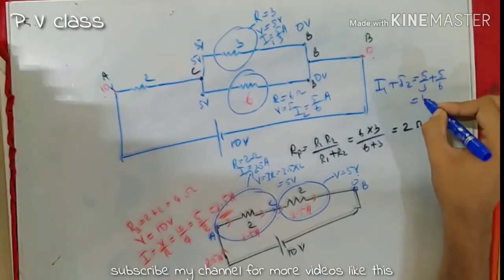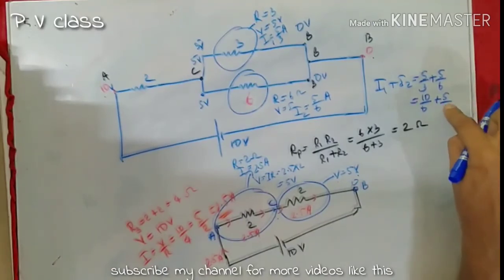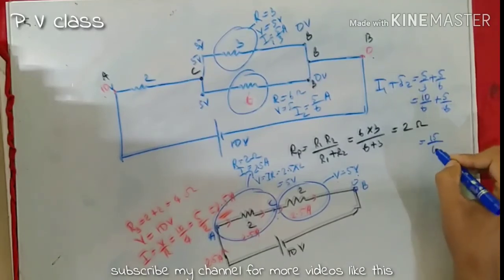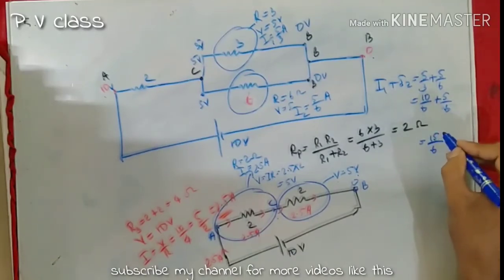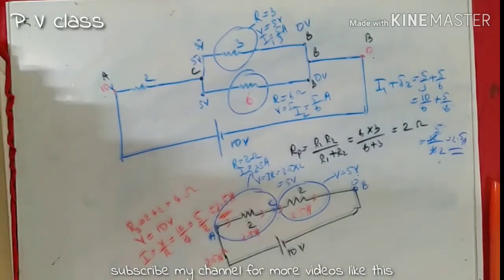I could write 10 by 6 plus 5 by 6, that is 15 by 6, that is 5 by 2, that is equal to 2.5 ampere. Okay.